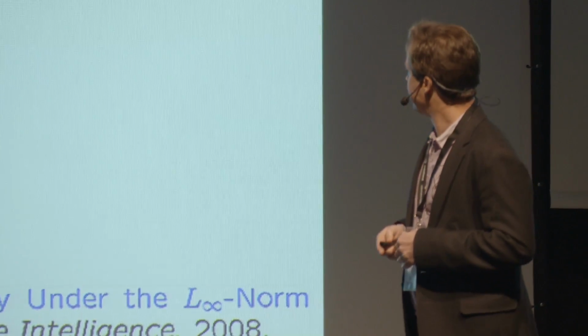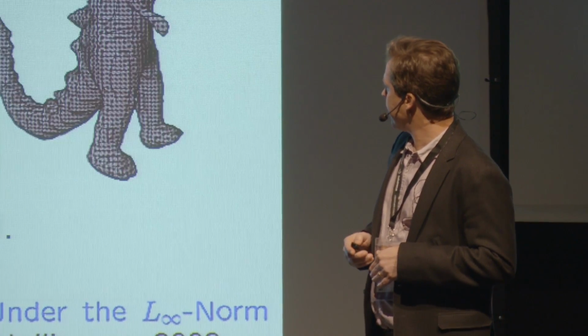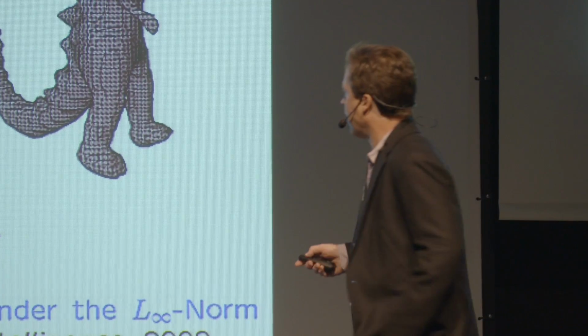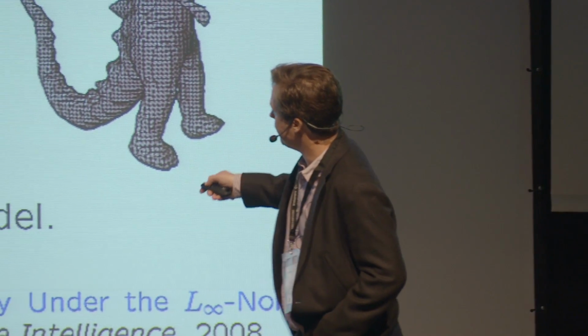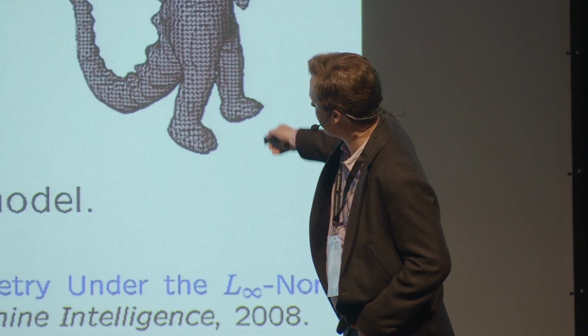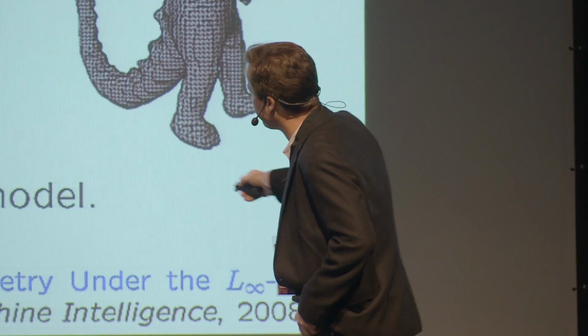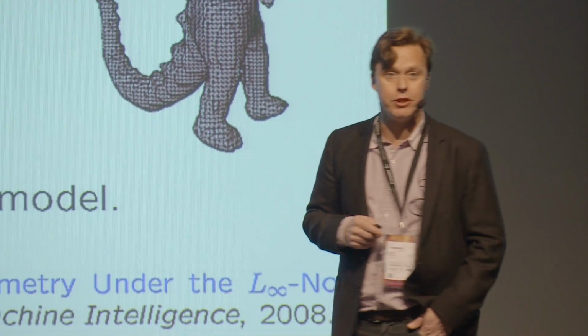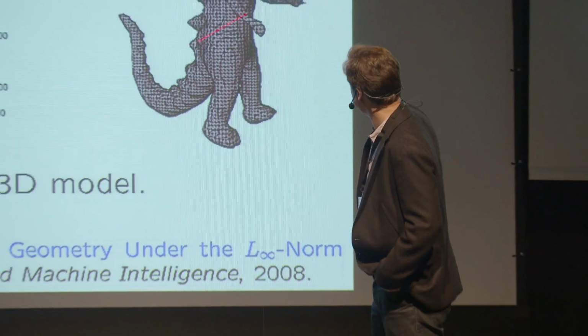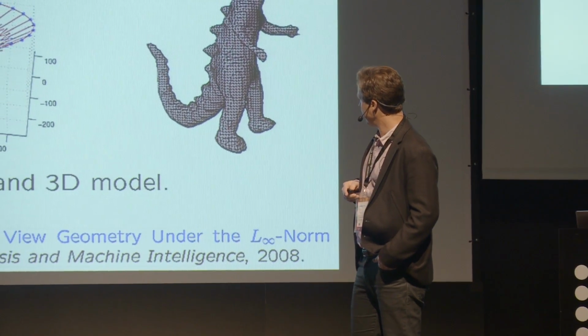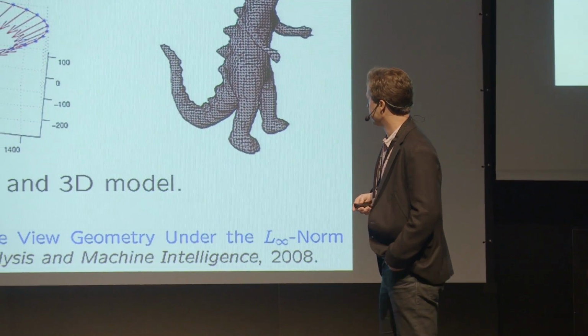It's a toy dinosaur. And what you could get out of this automatically was how the camera has moved and the viewing direction of the camera. You see the camera trajectory. We know it should be a circle, since this was taken on a turntable sequence. And here you got some sort of 3D point cloud model of the toy dinosaur. And from that, you can work out a nice surface model as well.